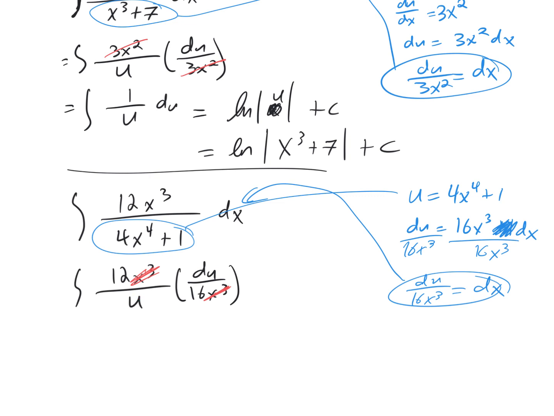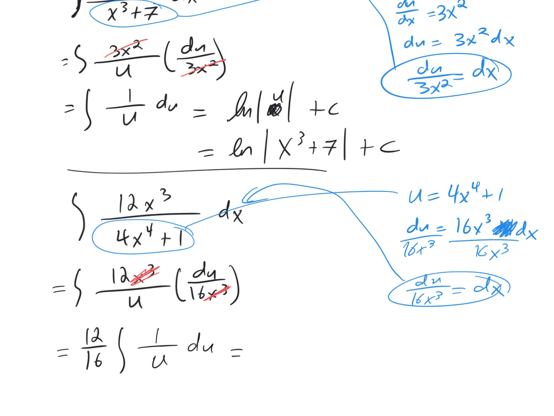Now, if you look at this and you feel pretty good about knowing what the answer is going to be, feel free to go for it. But if you don't, what I might recommend is take this 12 and this 16, bring them out in front as a fraction. So 12 is in the numerator, 16 is in your denominator. 12 over 16, I'll reduce that later. Then you would be left with 1 over u du.